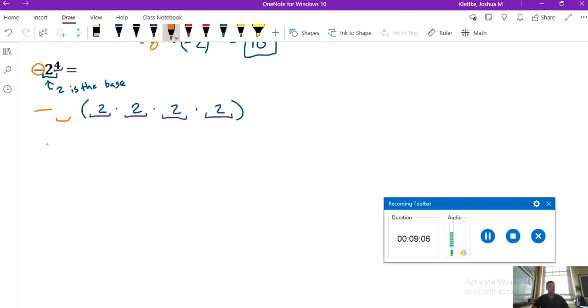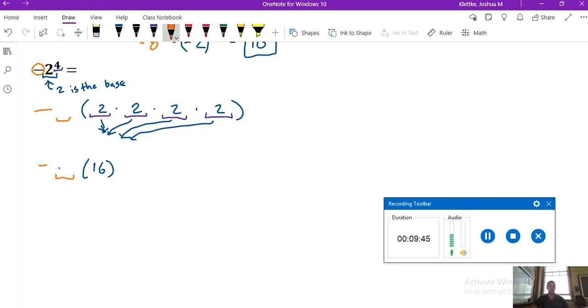On my next line down, I'm going to drop down my negative sign and put a placeholder. We'll fill in this placeholder in that step. Now let's talk about 2 times 2 times 2 times 2. We want the evaluated form of that. 2 times 2 is 4. 4 times 2 is 8. 8 times 2 is 16. So 2 to the 4th is 16. 16 is the evaluated form. We will no longer have an exponent.